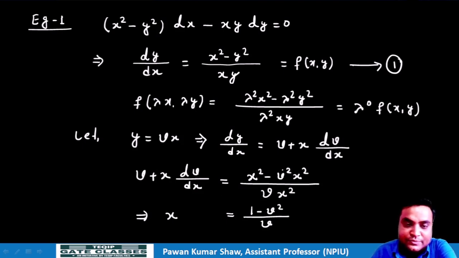So we can bring this v to our right hand side, so that we can convert into separable variable form. So x dv by dx, and this v will come to the right hand side, so minus v. Now we can apply the variable separable method.